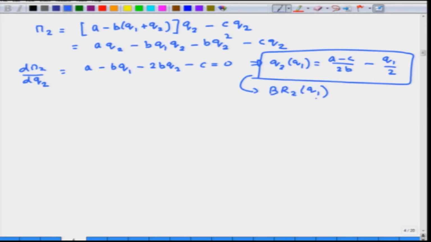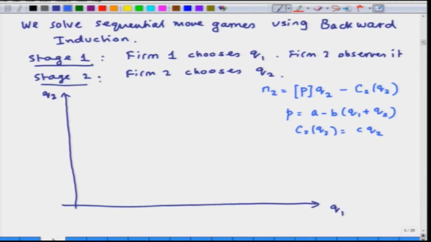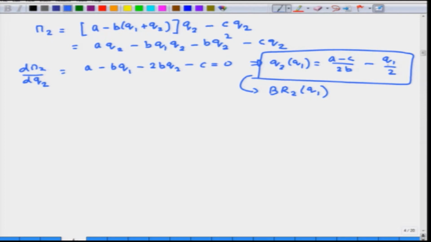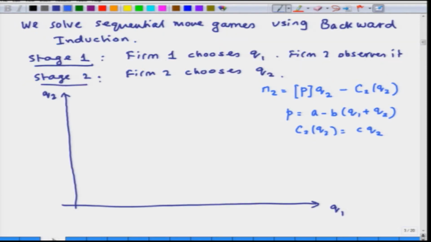And if I were to plot firm 2's best response function, when Q1 is 0, firm 2 is a monopolist and produces the monopoly output (A minus C) divided by 2B.